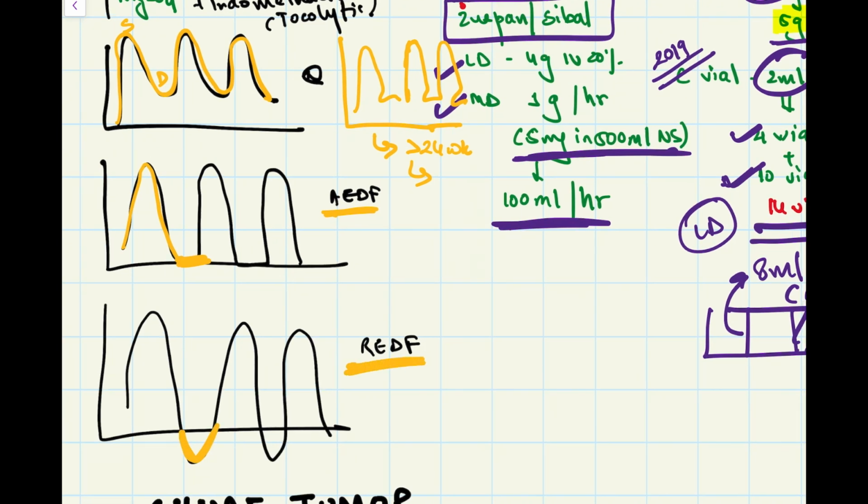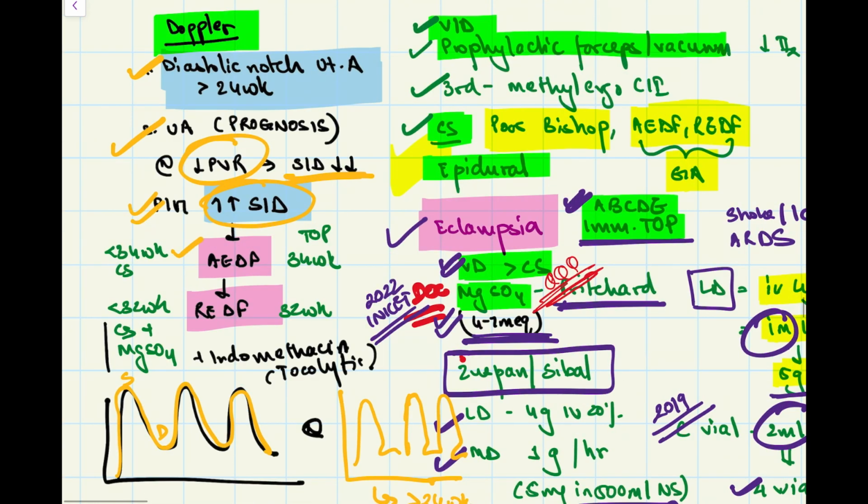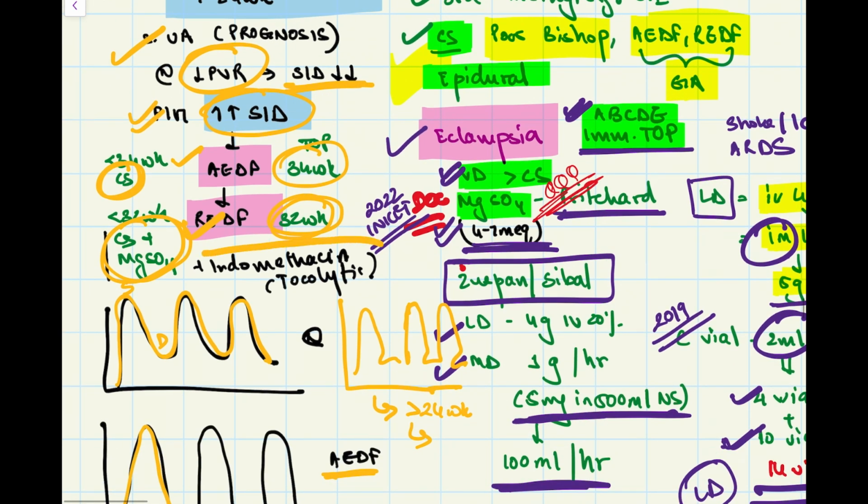So in absent end diastolic flow, the termination of pregnancy is done at 34 weeks, and therefore we need to administer corticosteroids, while if there is reversal of end diastolic flow, the pregnancy should be terminated at 32 weeks, and for pregnancies less than 32 weeks, both corticosteroids and prophylactic magnesium sulfate must be administered along with indomethacin, which is a tocolytic.